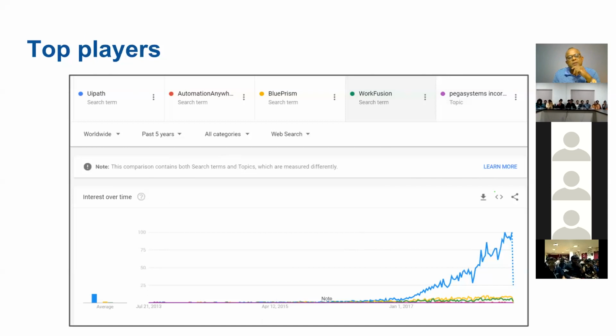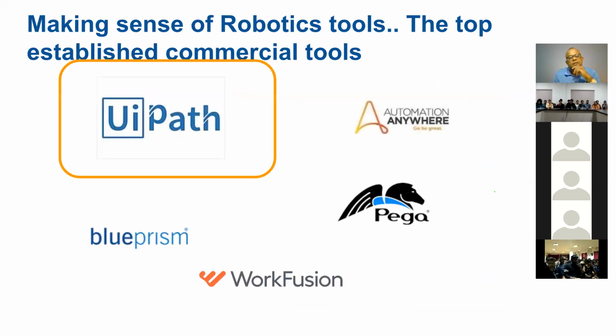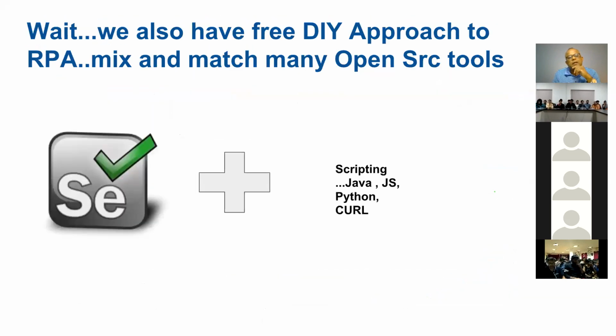So I think these are commercial players, as I said. But even before the commercial players came in, there is always a way to do what's called a free DIY approach to RPA. It's really a mix and match of various open source tools. I'm not sure if people are familiar with Selenium. It's a test automation software.